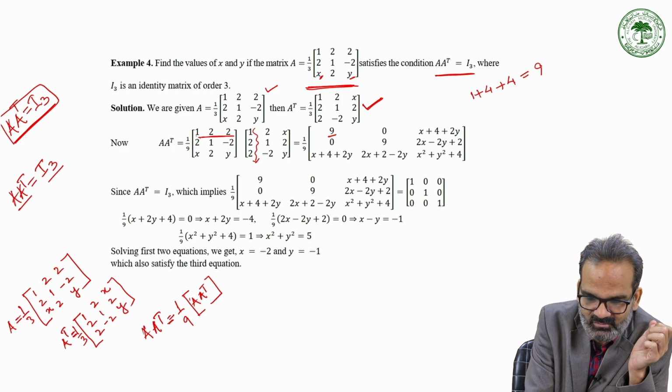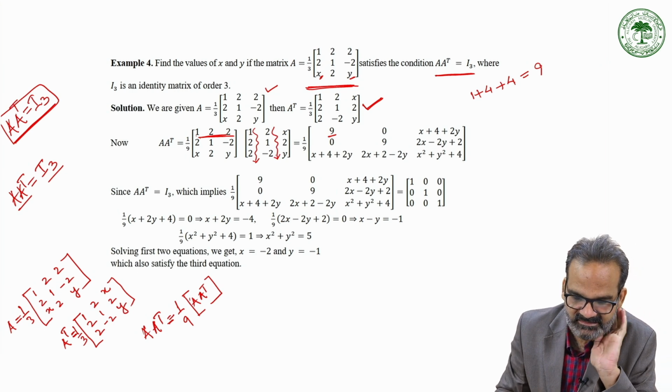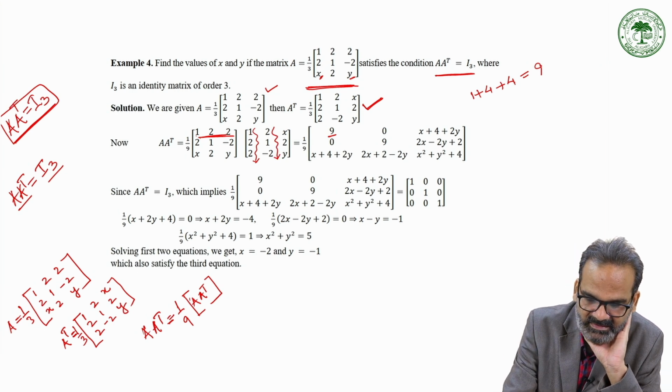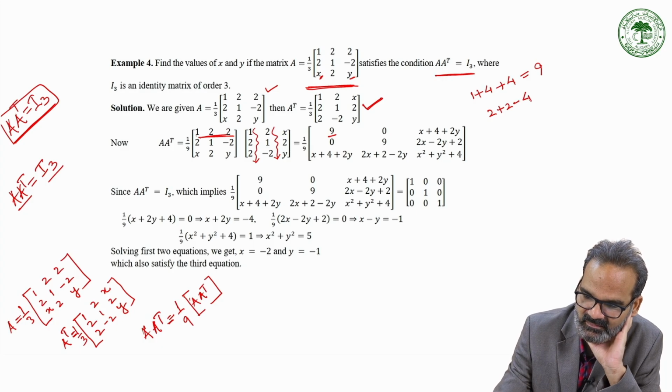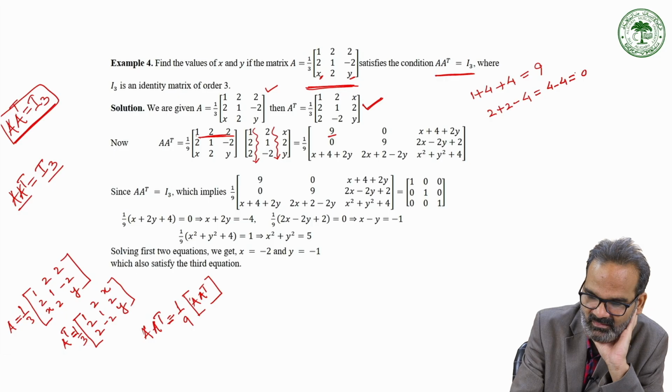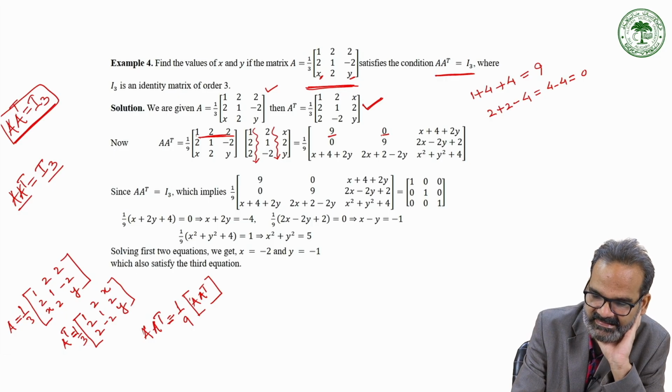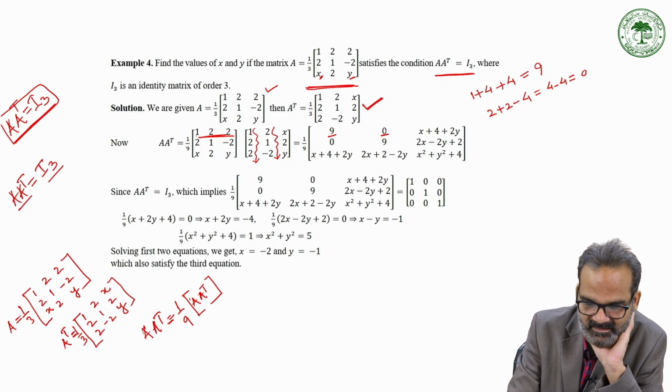Now the first row should be multiplied with the second column. Clear? 1 into 2 is 2, 2 into 1 is 2, 2 into minus 2 is minus 4. So this is 4 minus 4, which is 0. So 0 is the second element. Now take the third.